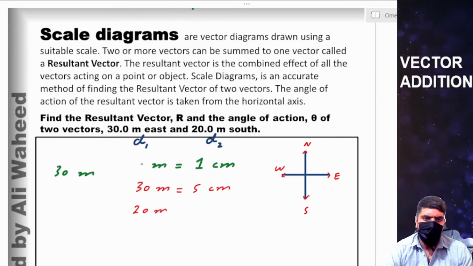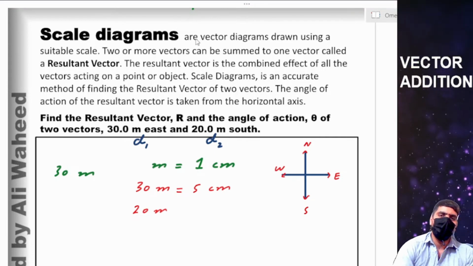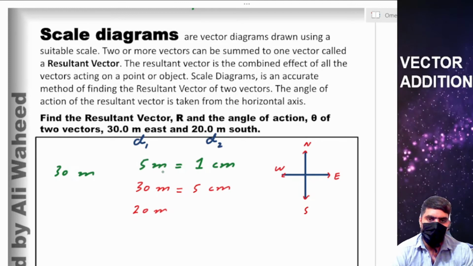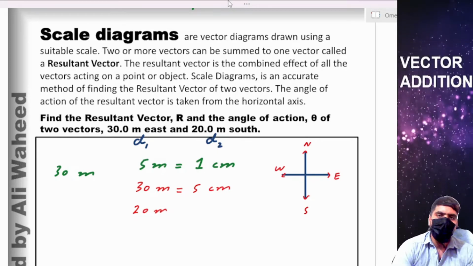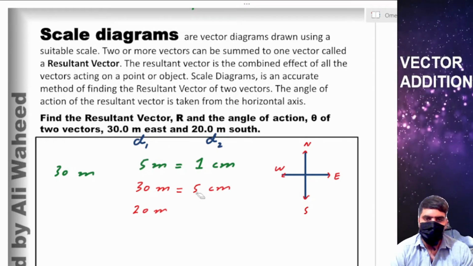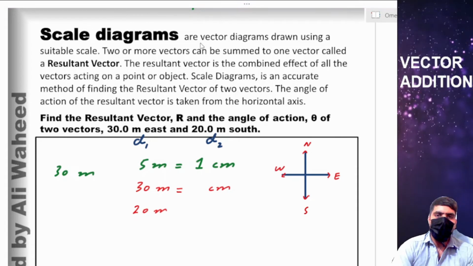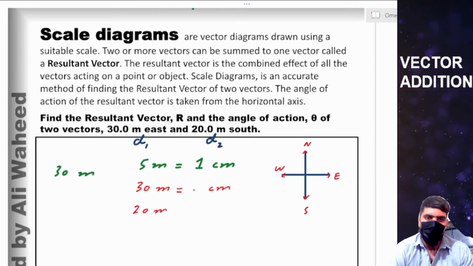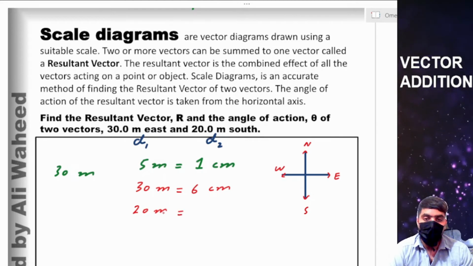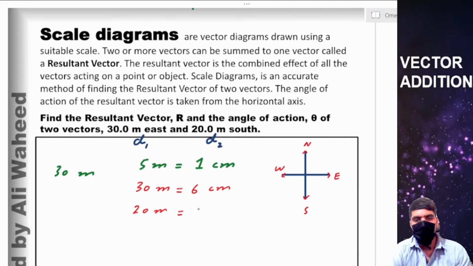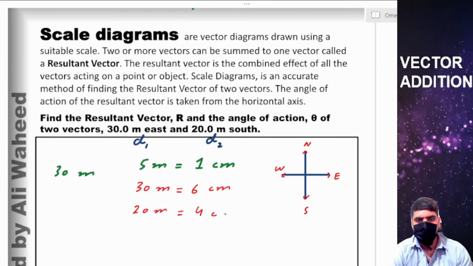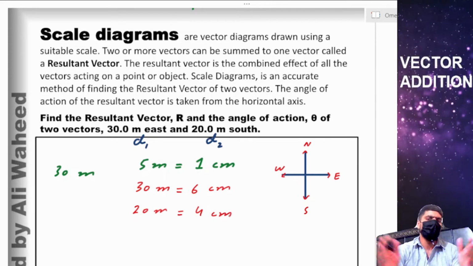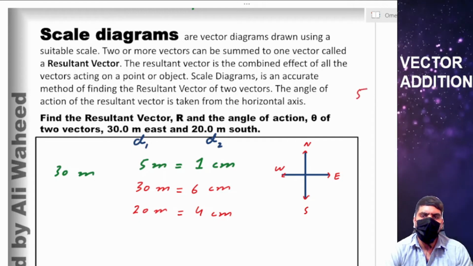I say this one, 5 meters represents 1 centimeter. So if 5 meters represents 1 centimeter, then 30 meters would be represented by 6 centimeters. And then 20 meters would be represented by 4 centimeters. If you don't know that, once again I'm saying cross multiply: write 5 here, 1 here.